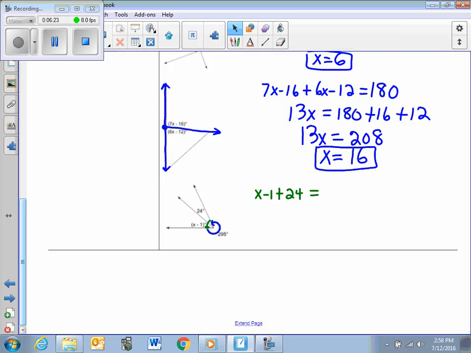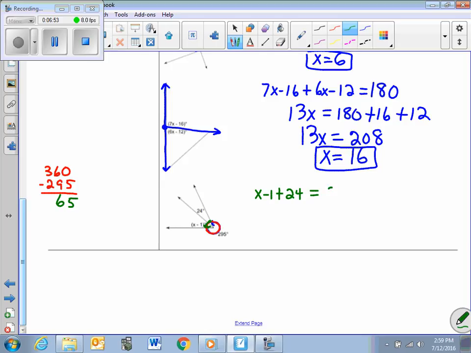Let me come over here and do that. I know that the degrees in a circle, if I went all the way around here, would be 360 degrees. So if I want to find the measure of my green angle there, what I've got to do is say 360 minus 295, and whatever that gives me is going to be the measure of this angle right here. So that's going to be 65 degrees, I think. So what I know then is that x minus 1 plus 24 is 65.